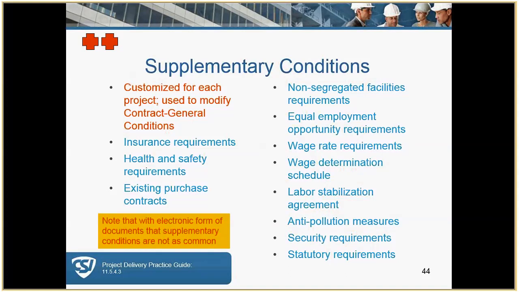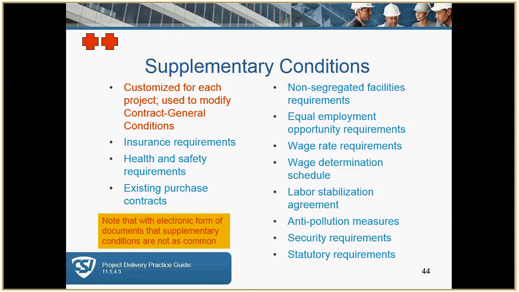Personally, I prefer to have separate supplemental conditions, a separate section or document in the contract documents. What that does is provide a very clear understanding that these are the revisions. It's one location. Somebody doesn't have to sort through the entire A201 to find what the changes are.